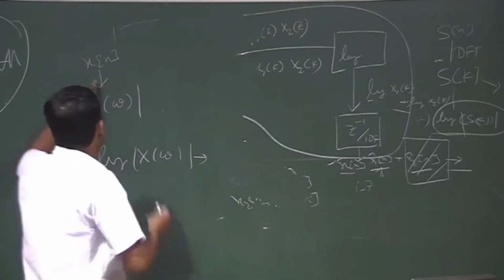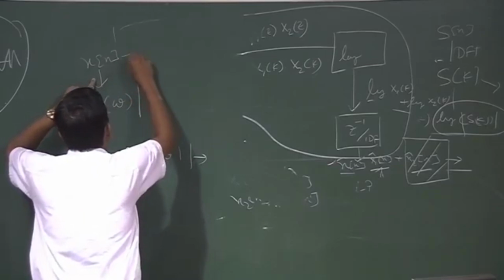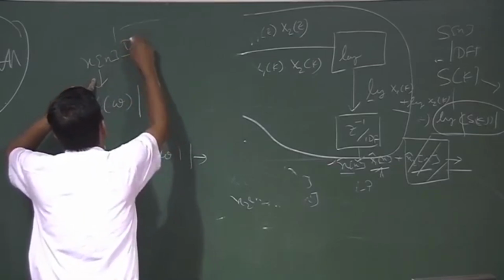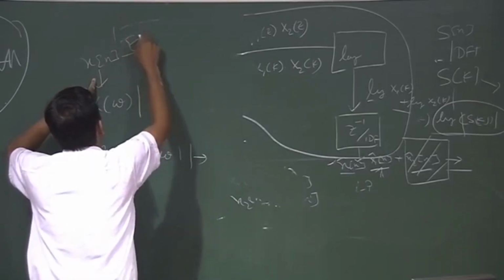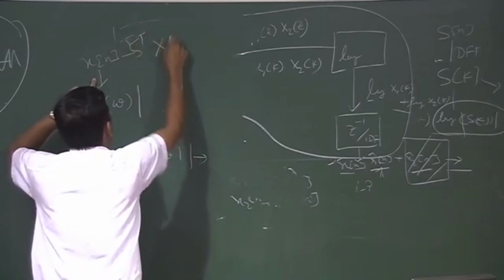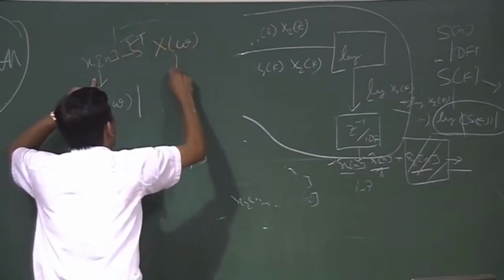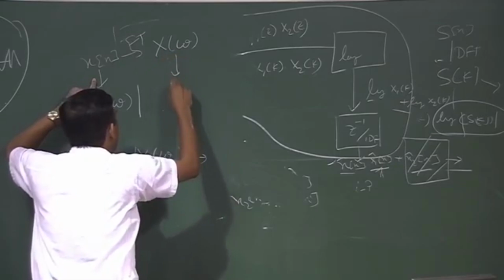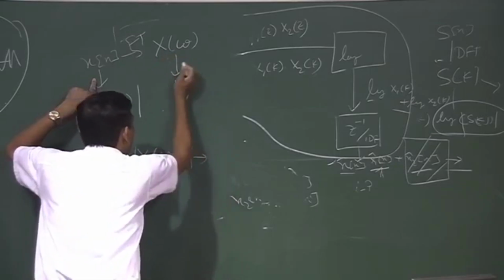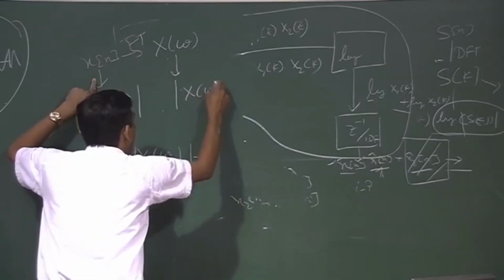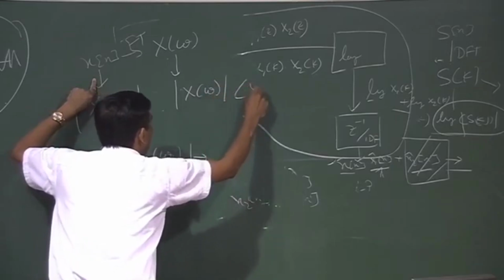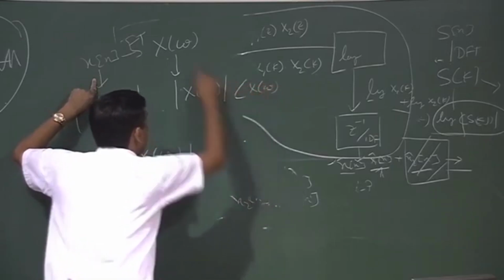And if I take the DFT, or frequency transform, of this, I can get X omega. X omega is a complex thing which has a magnitude, which is mod of X omega, and an angle of X omega, a plus jb.